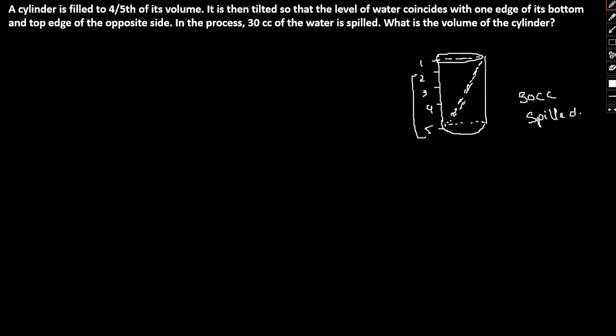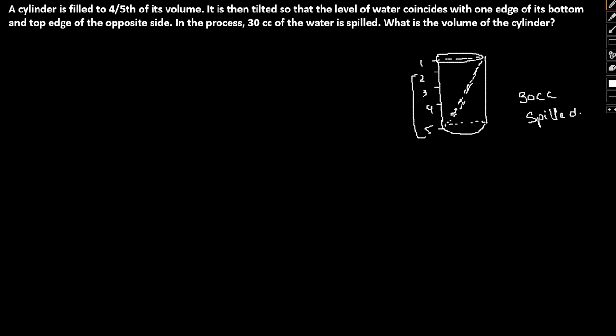Okay, so now one thing we need to understand is that when tilted, the water level will form one of the diagonals of the cylinder. So basically it will form a diagonal on its own whenever it's tilted.